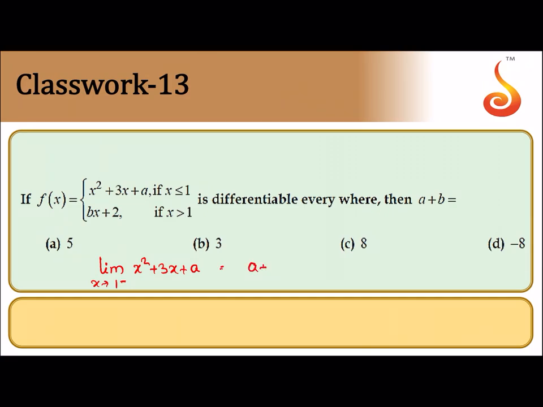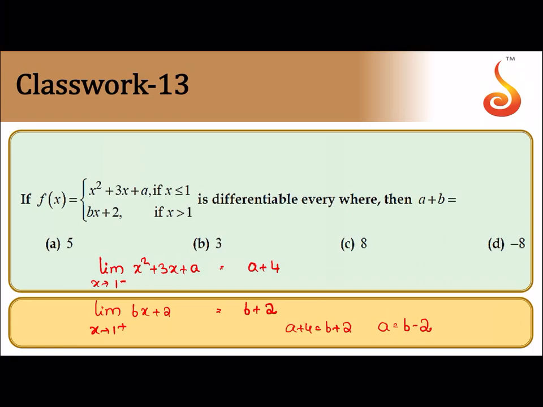Example 13. Differentiable everywhere, then a plus b. Simple question. First we check the continuity. So limit x tending to 1 minus, x square plus 3x plus a will give you 1 plus 3, 4, so we get a plus 4.